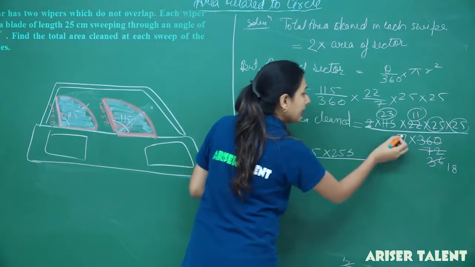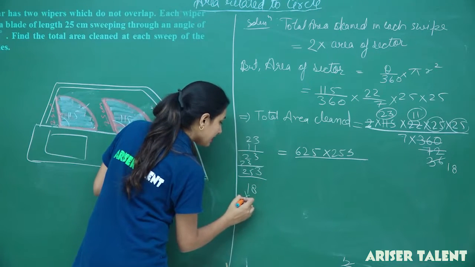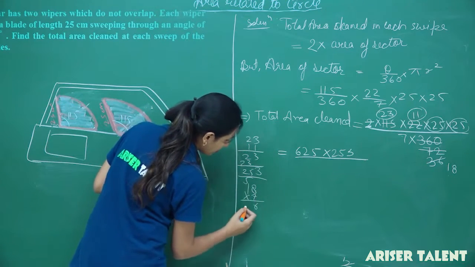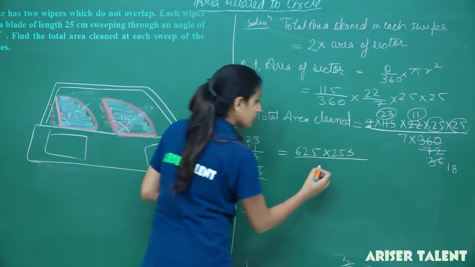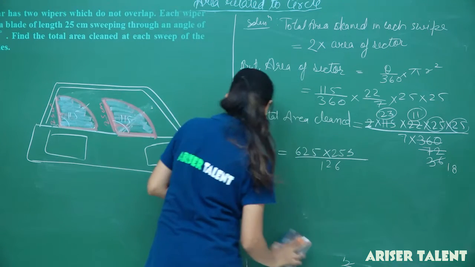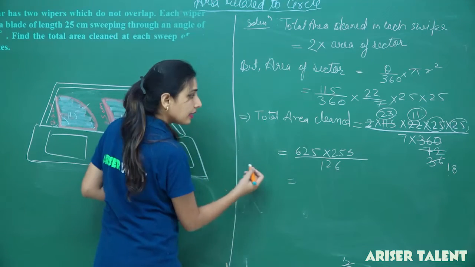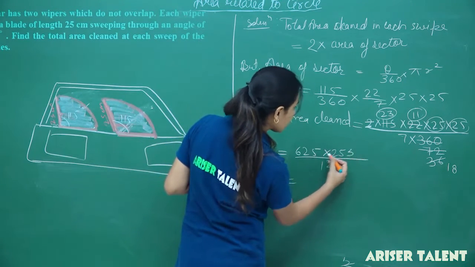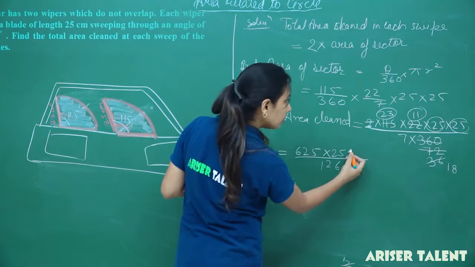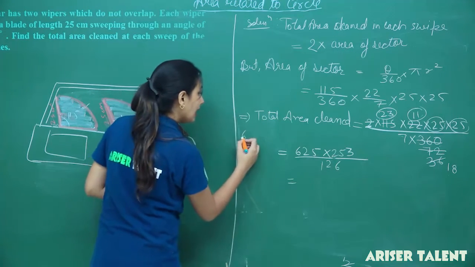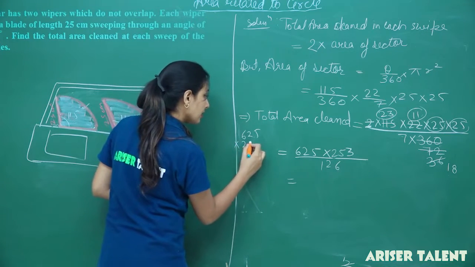Now here 18 multiplied by 7, 56, 126. So that will be 126. Okay. Now students, can I just calculate it like this? That this was 625 and that was 23. Now I'll just calculate this.